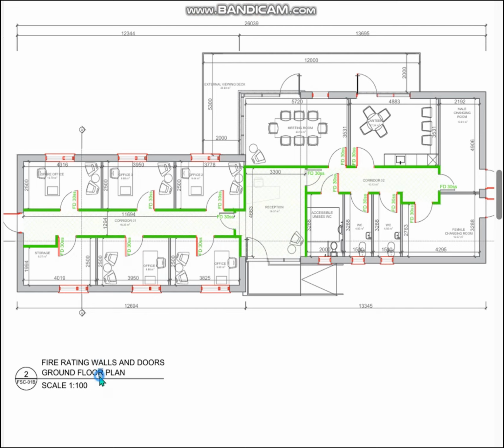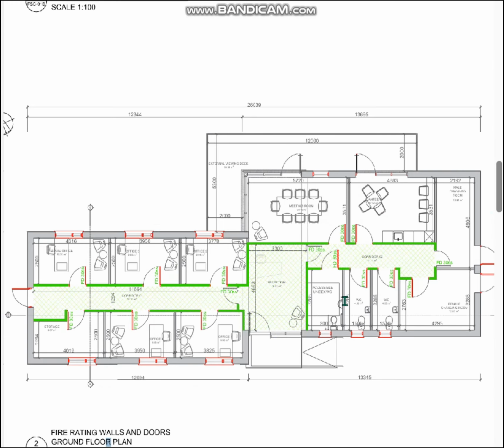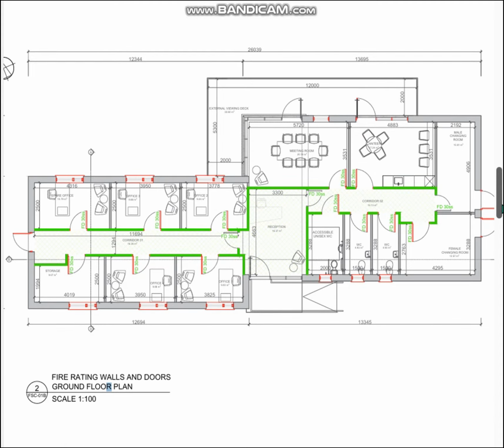The walls highlighted in green are 30-minute fire rated walls, and the accompanying doors are 30-minute fire rated smoke seal doors. Depending on the type of activity and the type of fire load or fire risk, it will be determined whether a 30-minute fire rated wall construction or a 60-minute fire rated construction is required.